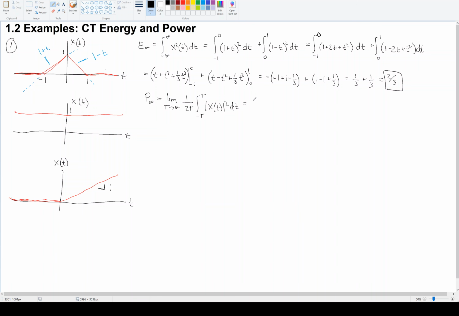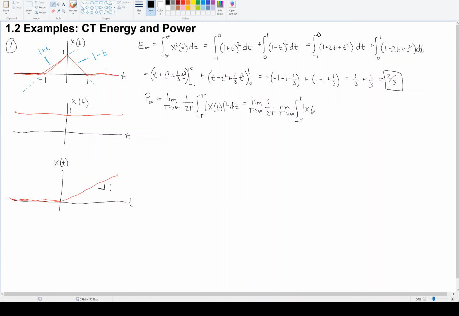This is, of course, related to the energy, which we just calculated.